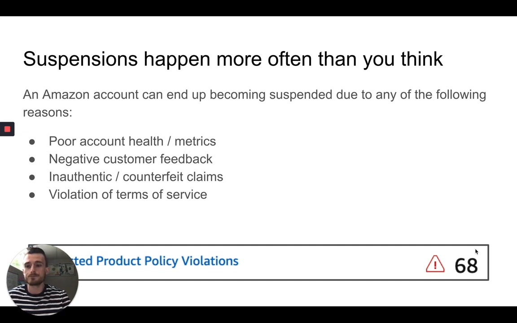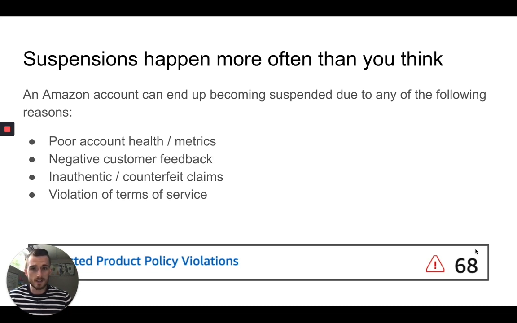Another reason is inauthentic or counterfeit claims. All it takes is one customer or a couple of customers to say that a product you're carrying is inauthentic or seems to be counterfeit, and that will cause your account to be suspended long enough for Amazon to do an investigation.